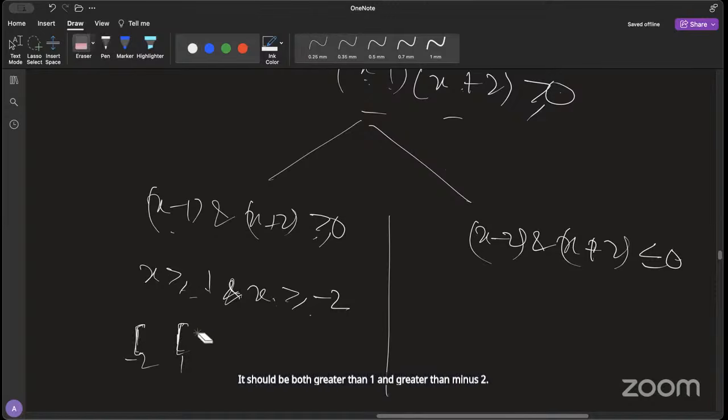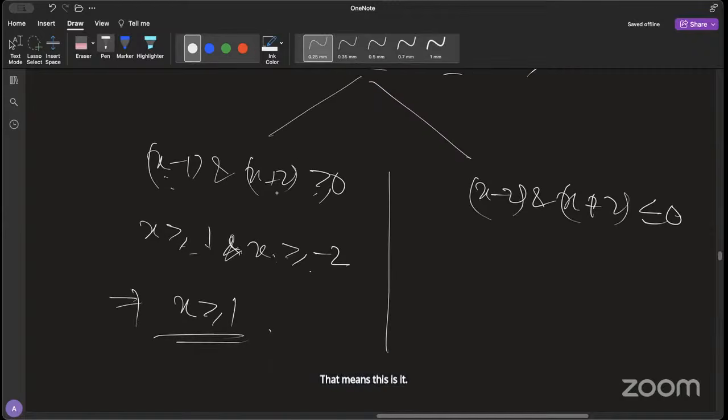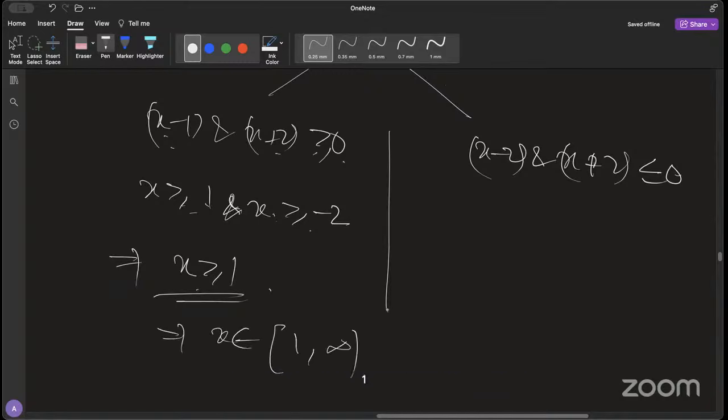Any number greater than 1 is also greater than minus 2, so I can simply write this as x greater than or equal to 1. That means x should belong to the interval 1 to infinity, right?